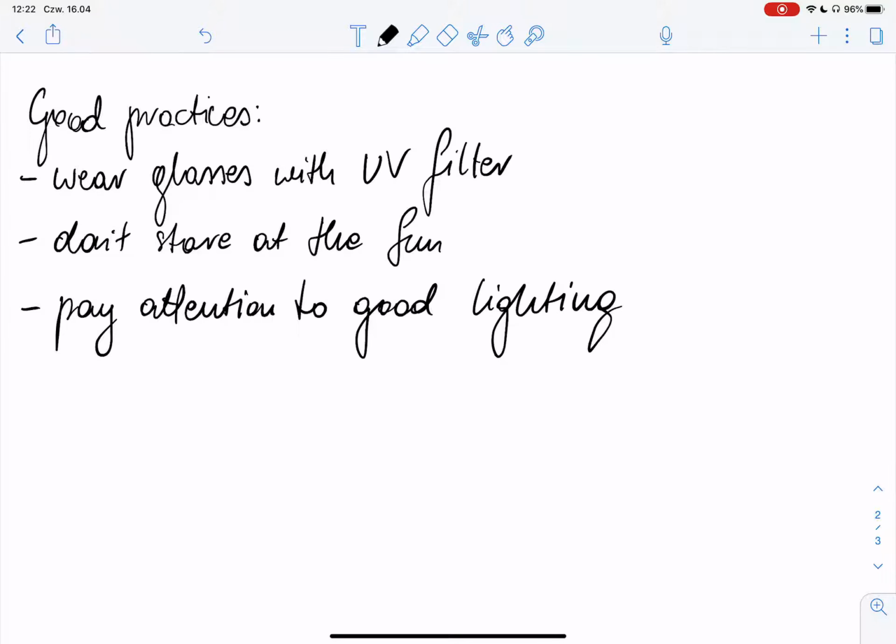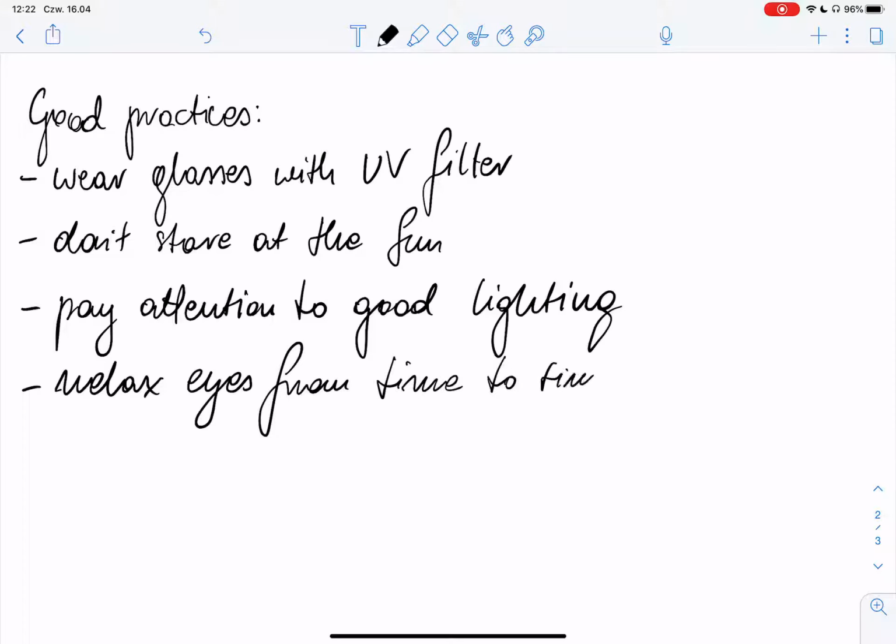Guys, you have to relax your eyes from time to time. That means when you spend hours staring into the computer monitor or just reading a book, something like this, from time to time just take a break and look further, because when you focus your vision on an object that is close to you, then the lenses in your eyes are constantly under some stress, and basically long stress is not good for them.